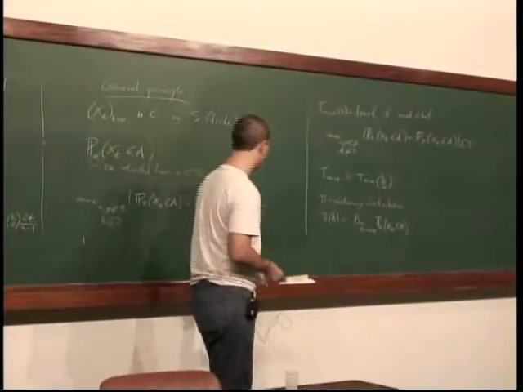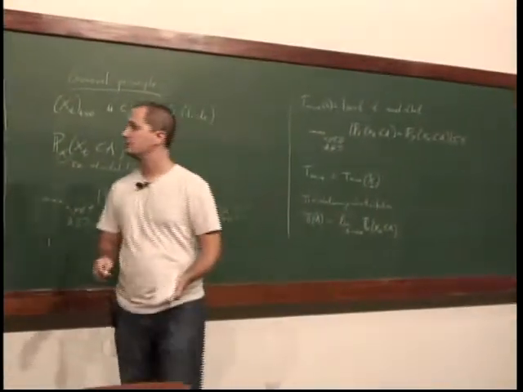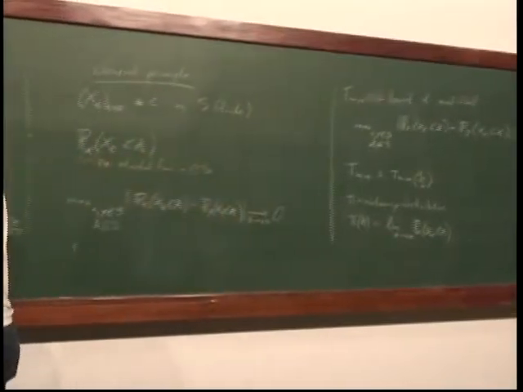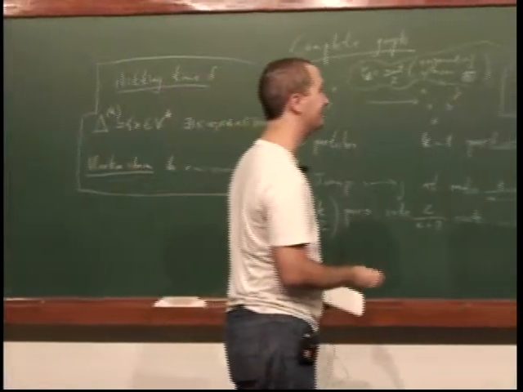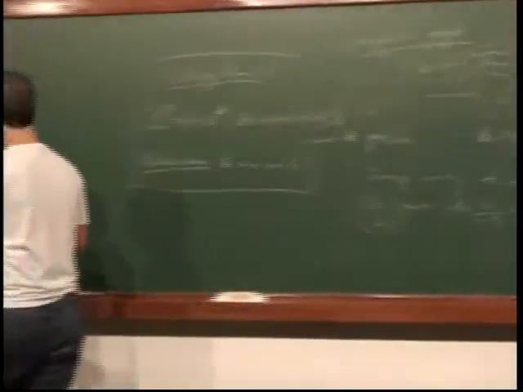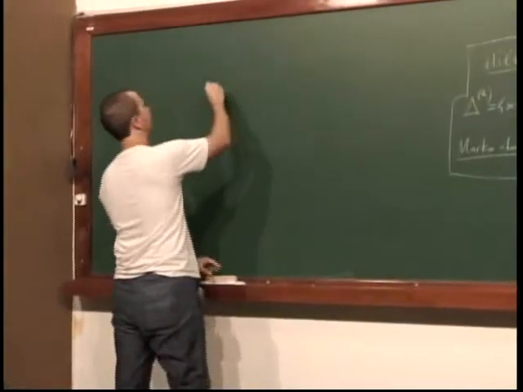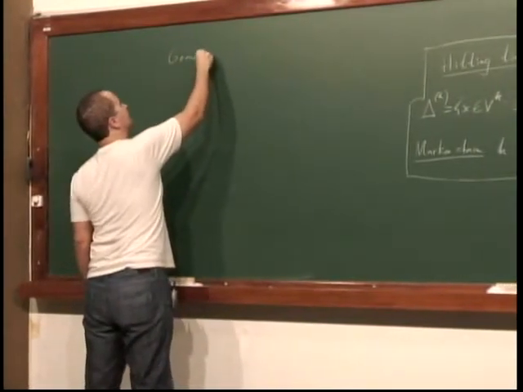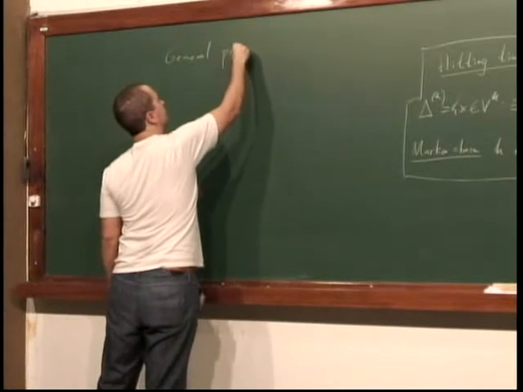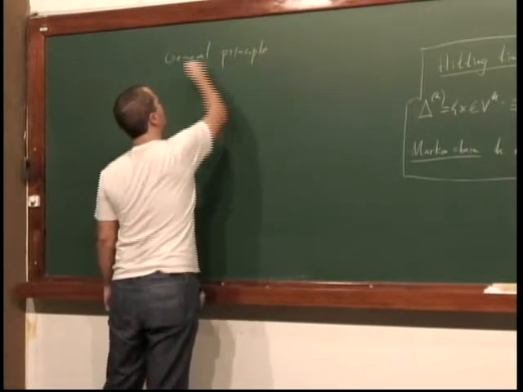Right, so now that we know what a mixing time is, I can discuss my general principle. I wrote general principle over there, but I'm going to actually say what the general principle is over here. The general principle is this.